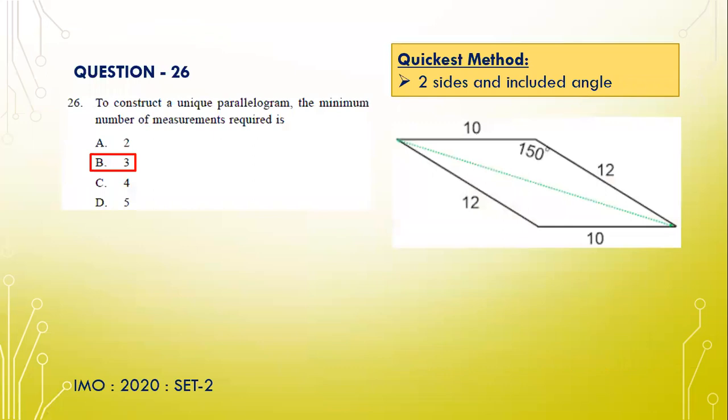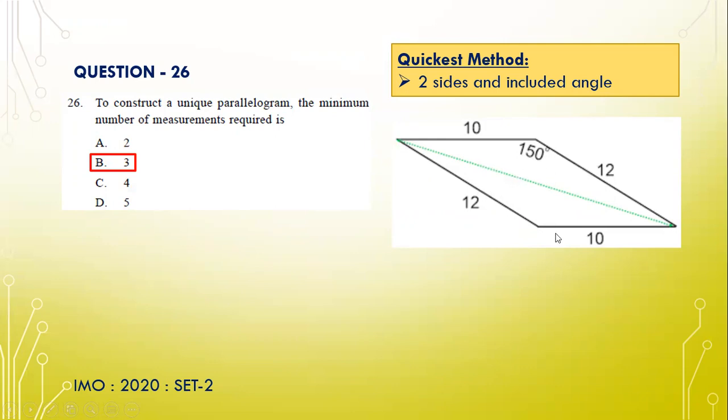Okay, the first one, to construct a unique parallelogram, the minimum number of measurements required is, how many measurements are required? Minimum 3, isn't it? Because parallelogram, if you got the two sides and included angle, say if you got two sides 10 and 12 and the included angle, you can construct this part first, the 10 and 12 and with the 150 degrees, and then you can easily construct this as well.